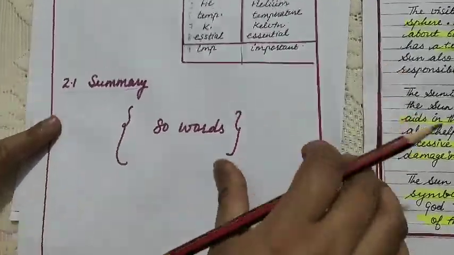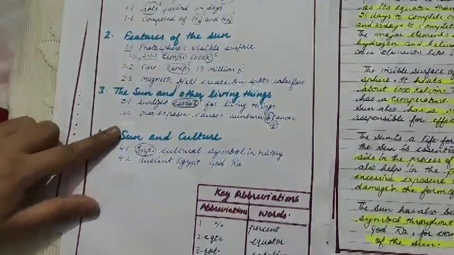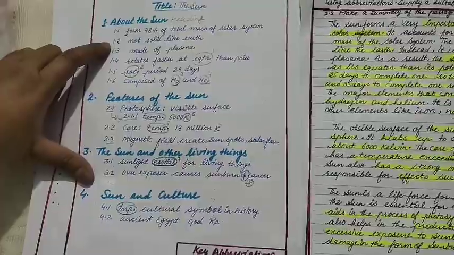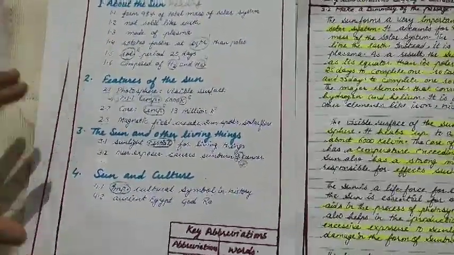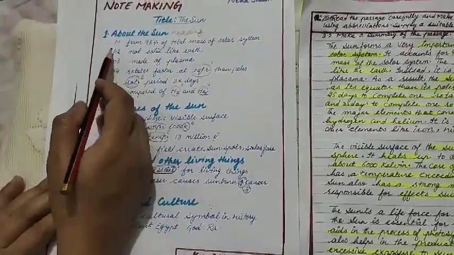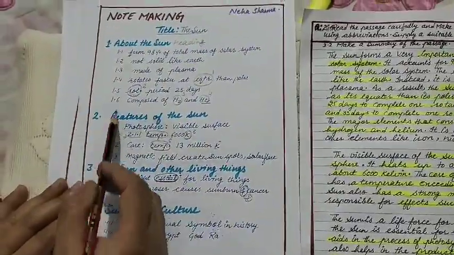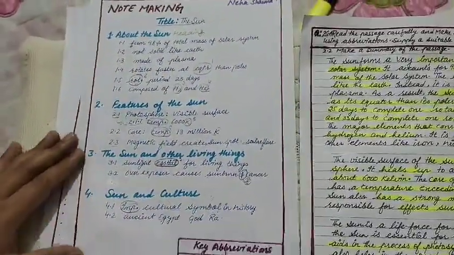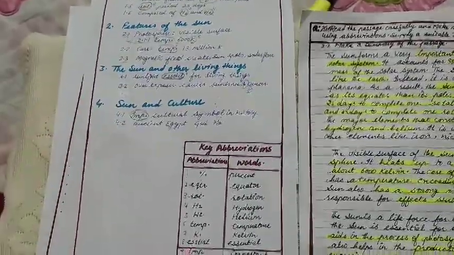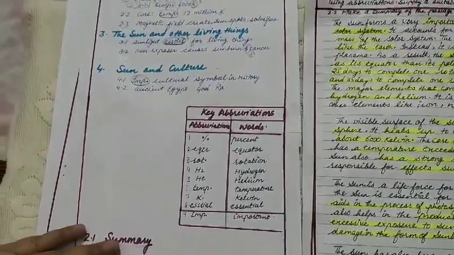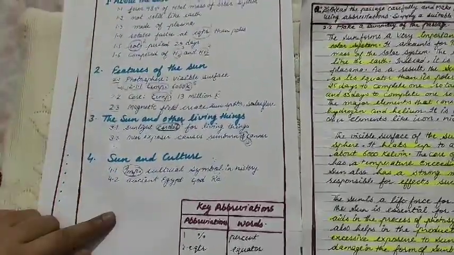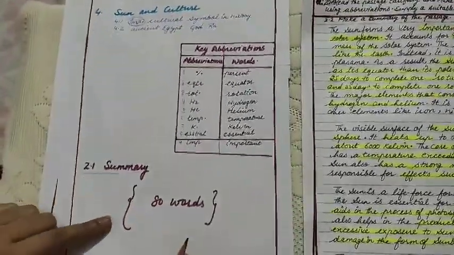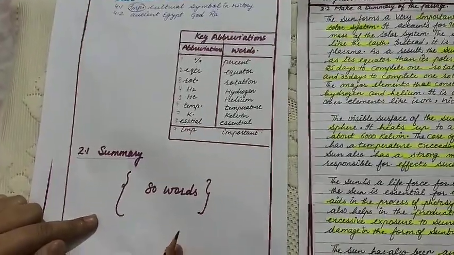So whatever headings or subheadings you have formed, you have to rephrase those sentences and write them down in the summary. That is a very good way to write the summary, so that you cover from starting till end. And the word limit you have to keep in mind, that is 80 words only.